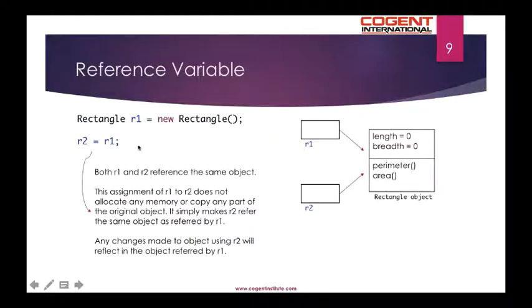So in this case, both R1 and R2 refer to the same object. This assignment of R1 to R2 does not allocate any memory or copy any part of the original object. It simply makes R2 refer to the same object as referred to by R1. Any changes made to the object using R2 will reflect in the object referred to by R1.